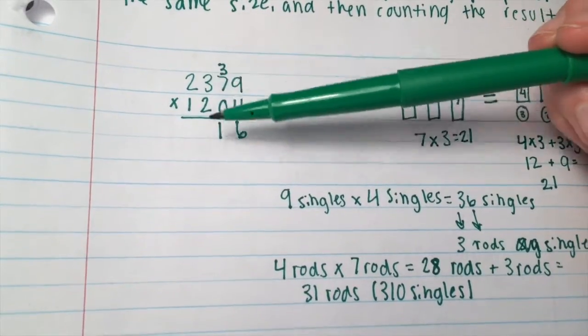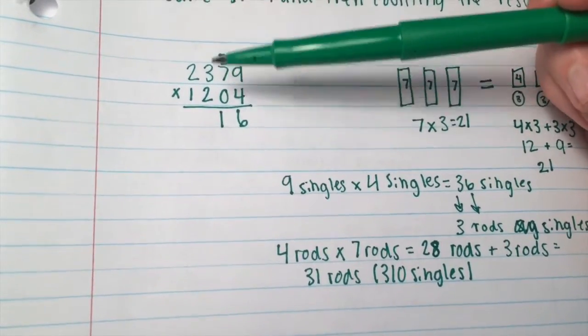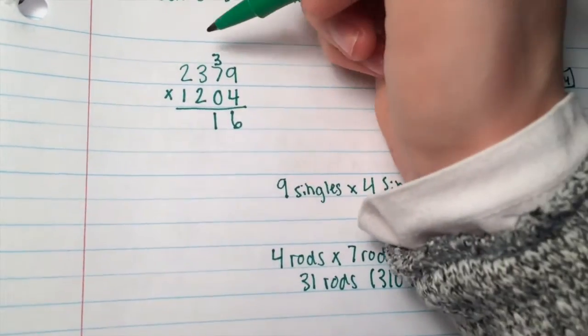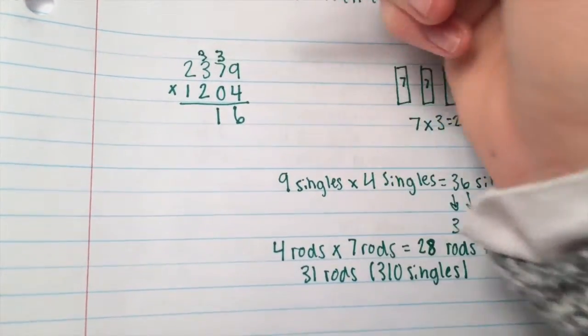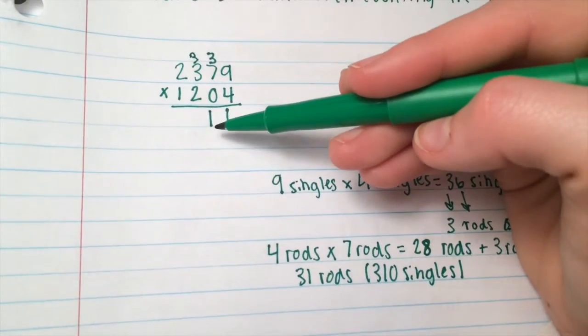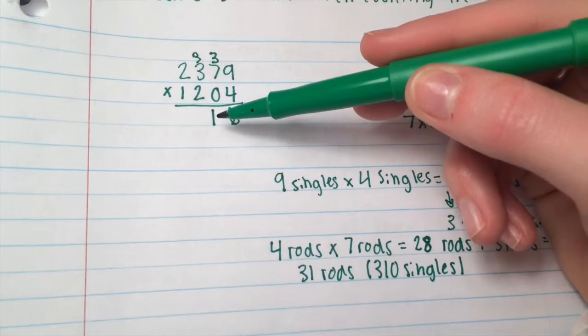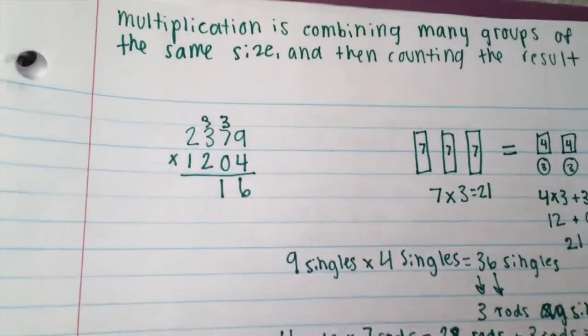And we have to remember that these are the flats column, or the group of 100 column. So we have the 3 groups of 100 that we can carry over here, and then leave the 1 rod, or the 10 singles, right there.